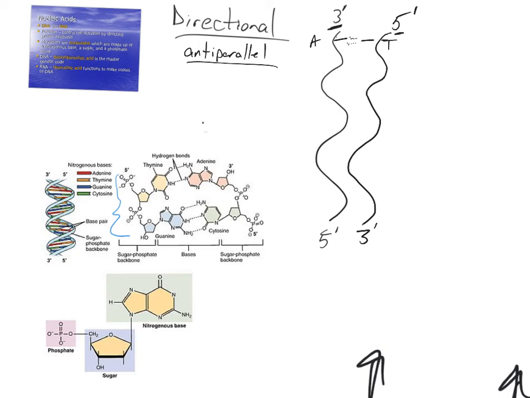That's because this nitrogen and this oxygen, these two elements, make polar bonds with the hydrogen that you see here. There's a pulling between them, and that pulling is what we call a hydrogen bond.